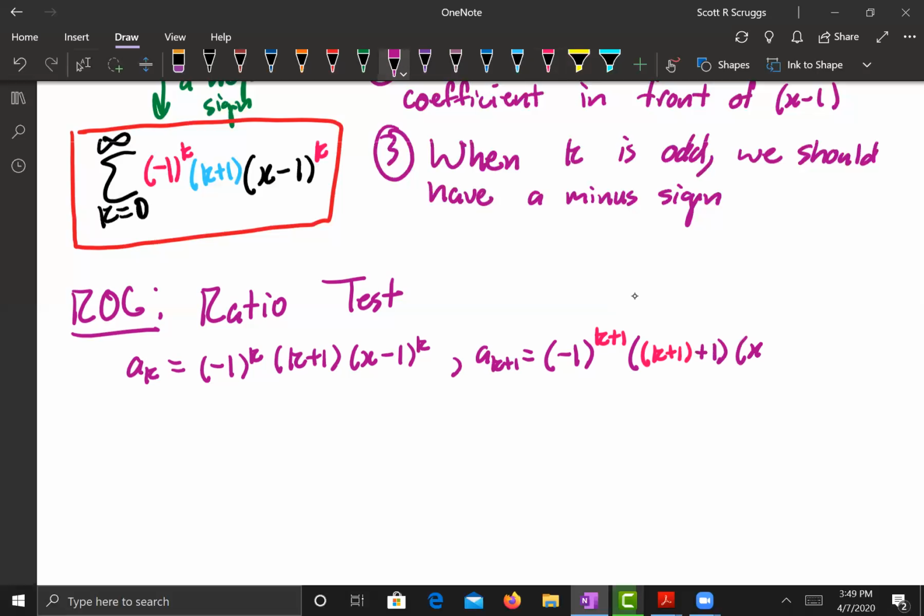So x minus 1 to the k plus 1. And before we do anything, let's try to simplify as much as we can. K plus 1 plus 1, that's going to be k plus 2.